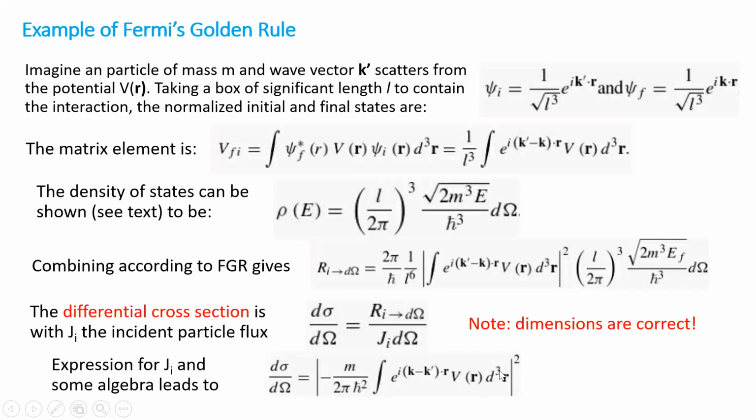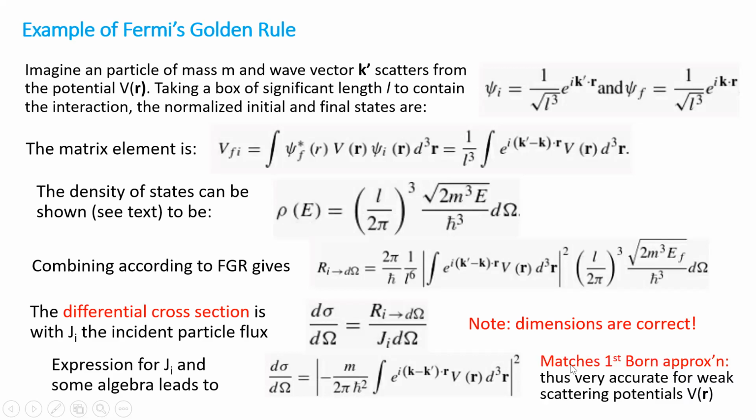It's given by this expression here. And interestingly, this actually matches the first Born approximation, which we looked at in a previous video, the Born approximation using the integral form of the Schrodinger equation.